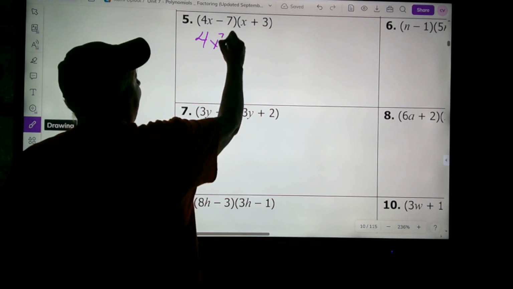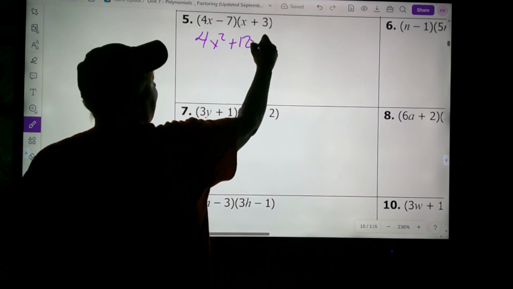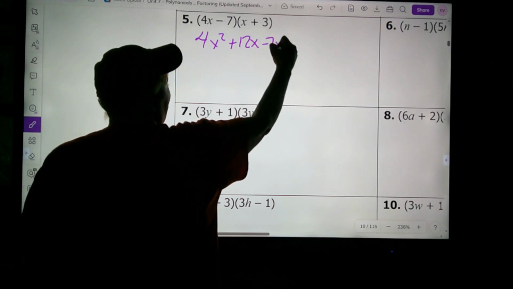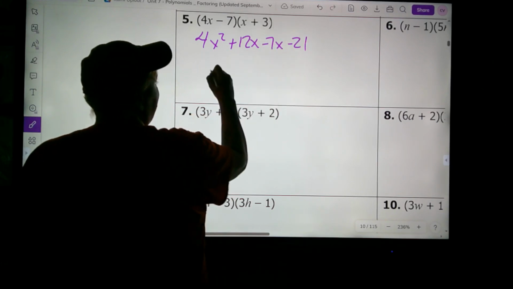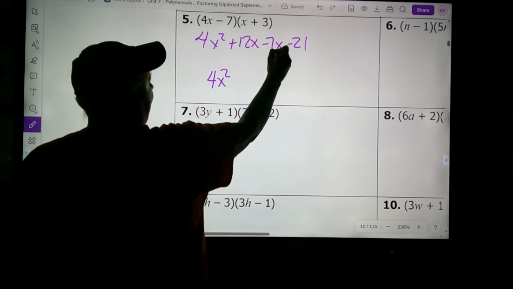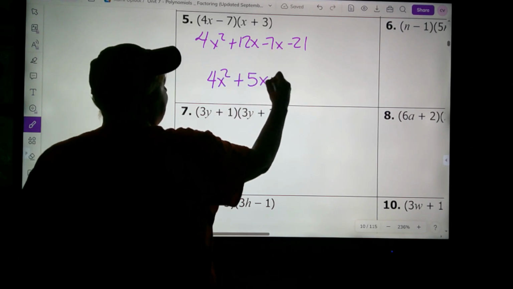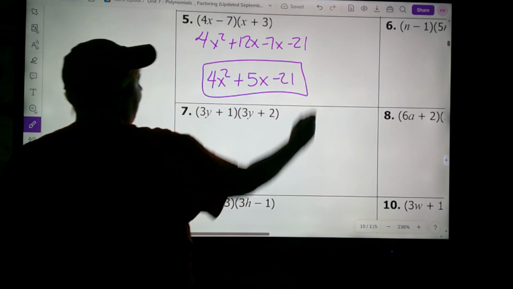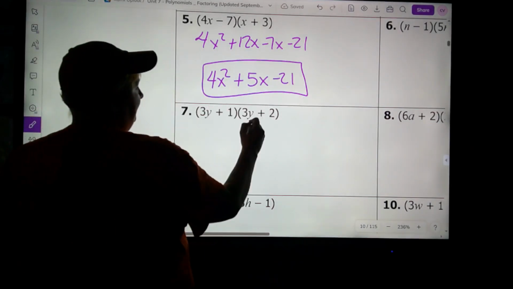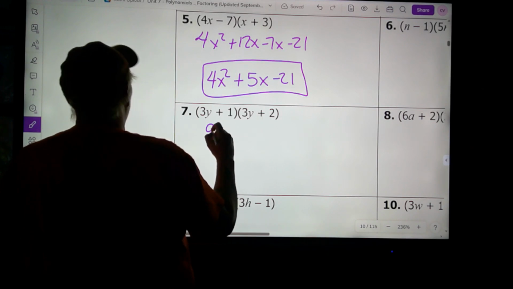X squared plus 12x minus 7x minus 21. 4x squared plus 5x minus 21. 9x squared, no, y.